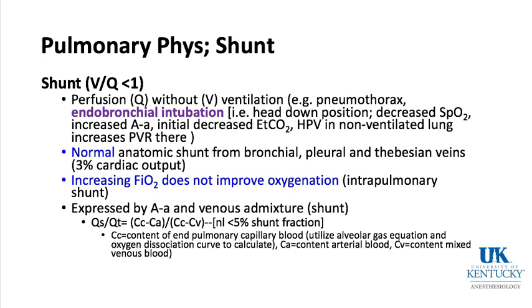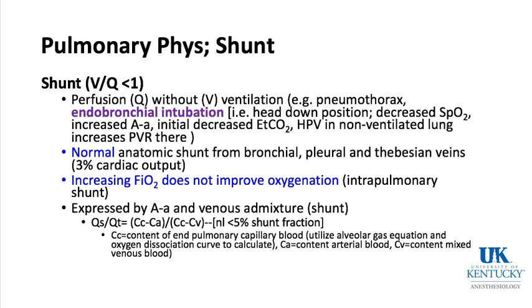And if you have a shunt situation, you want to increase their PaO2, and you start increasing their FiO2, and it's not improving their oxygenation, then you can say, aha, that's probably a shunt situation where FiO2 increases do not improve oxygenation.